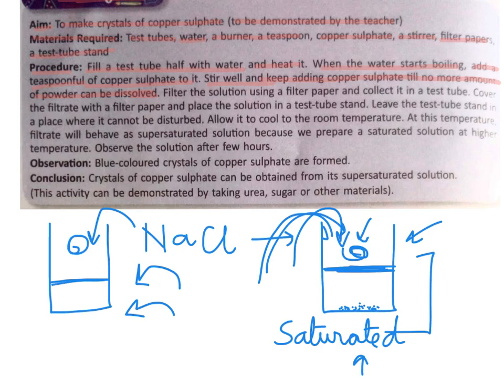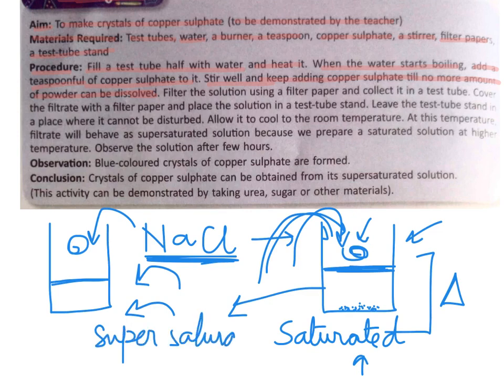This sort of solution, after increasing the temperature, that is after heating a saturated solution and adding solute to it, is called a supersaturated solution. So here we will make a supersaturated solution of copper sulfate.